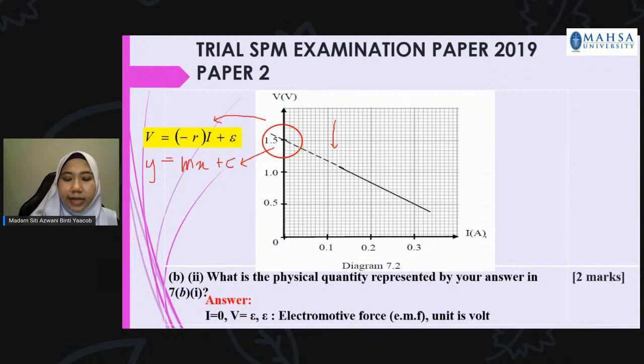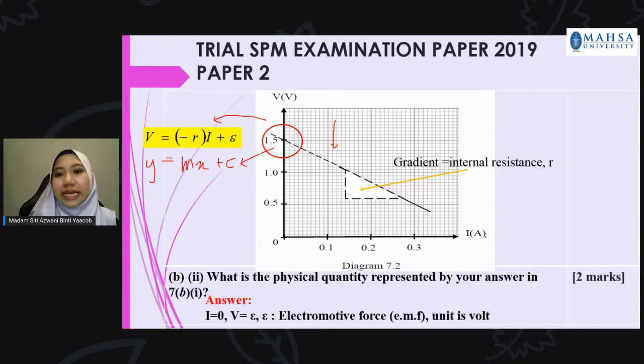Next, info that you can get from the graph. Draw the triangle, and from the triangle, calculate the gradient, which is equal to the value of the internal resistance of your battery.